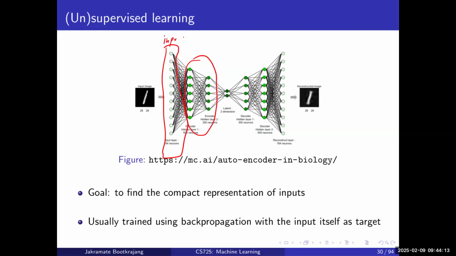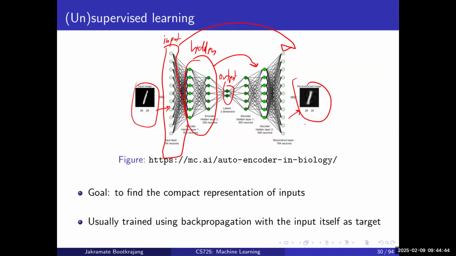So we have the input layer, the hidden layer, and then normally this would be the output layer, the typical one. But if you don't have the answer, what we do is duplicate the hidden layer and then duplicate the input layer, like you mirror it. And the goal is that when the data goes through the network, the output should be the same data.